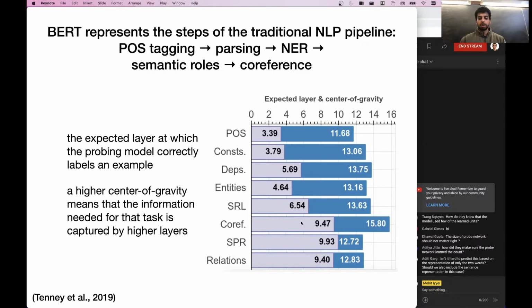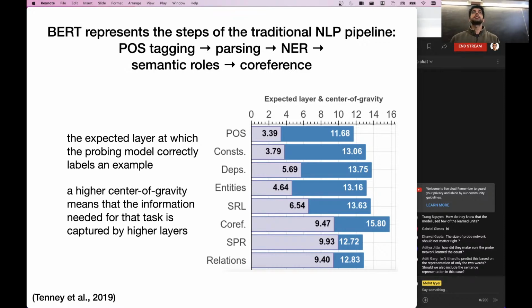But for tasks like coreference resolution, semantic role labeling, and relation extraction, you can see that these more semantic-oriented tasks are best solved with representations from higher up layers. So this is pretty cool. You can correlate what the model is learning to the performance on these well-studied NLP tasks that focus on a specific type of linguistic property.